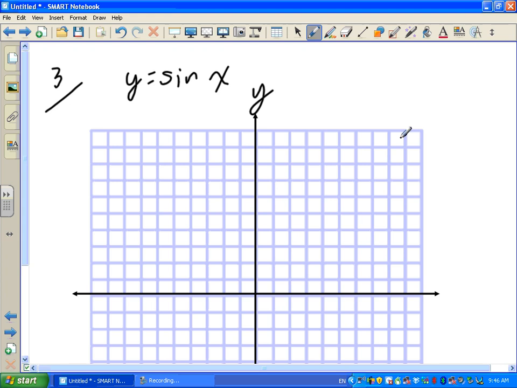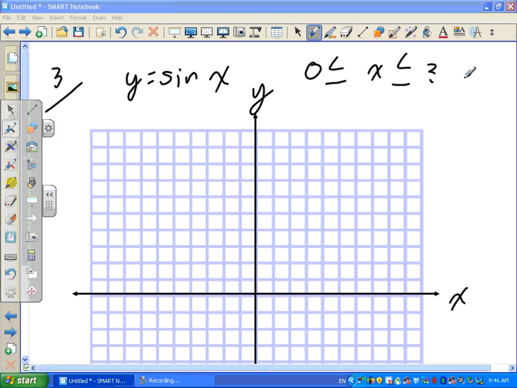Very first thing you guys need to realize is they've asked you to graph it between 0 and 360. In the question, it tells you that this is between 0 and 360 degrees.